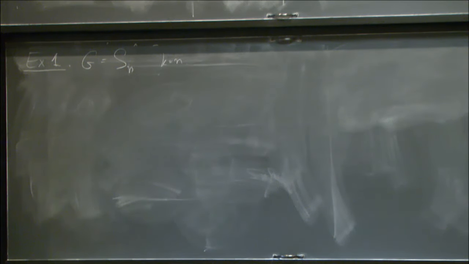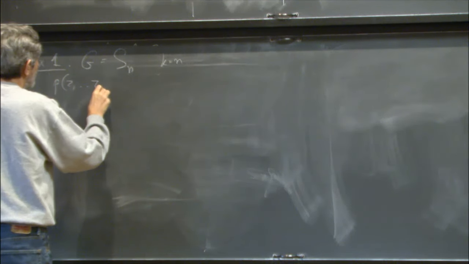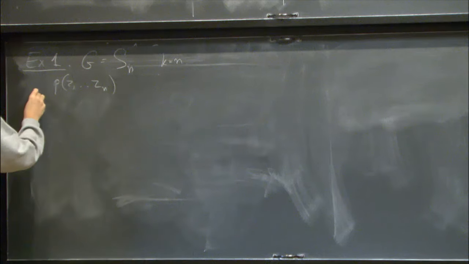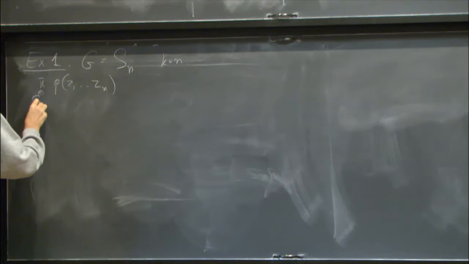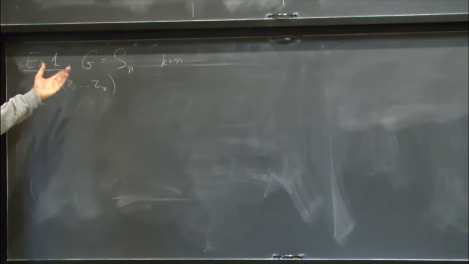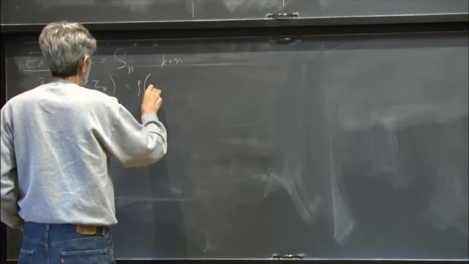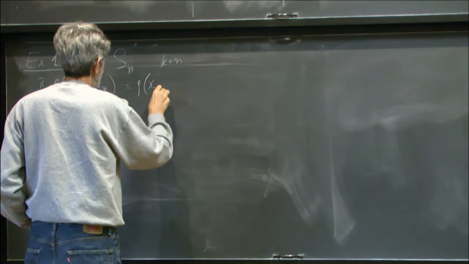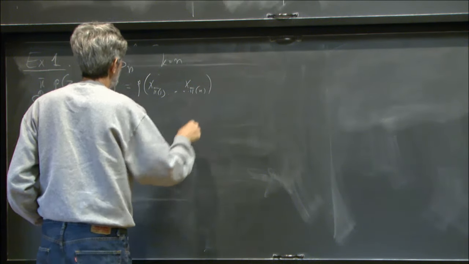So now, clearly, if we have a polynomial P of Z1 up to Zn, and we apply some permutation, let's say pi in Sn, to this polynomial, it will be the polynomial P on Z pi of 1.